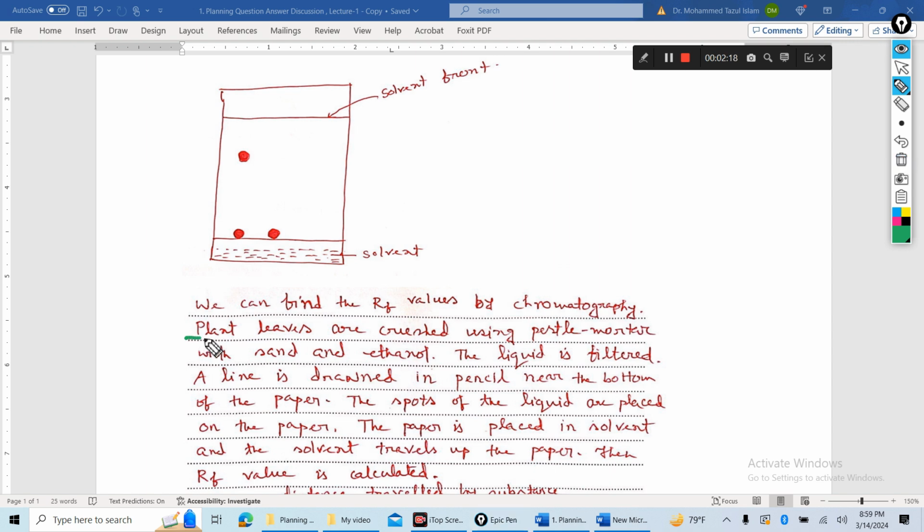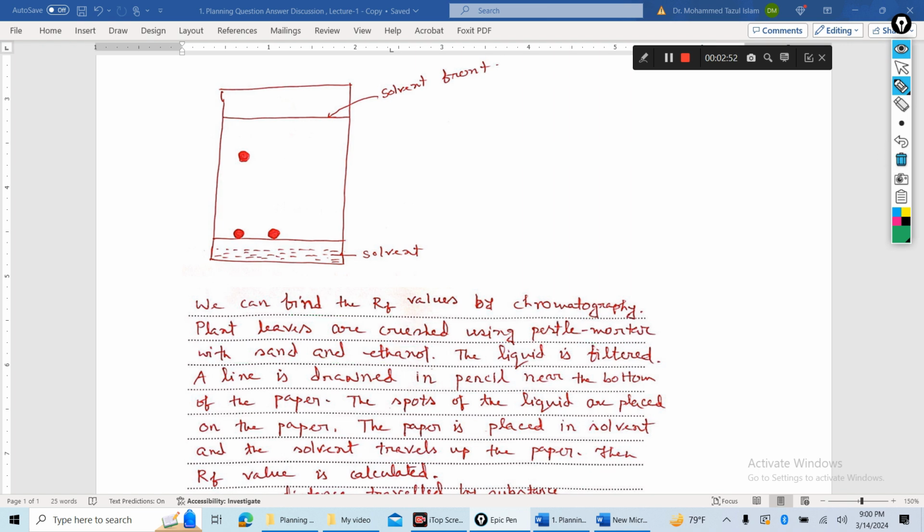First, plant leaves are crushed using pestle and mortar with sand and the solvent ethanol.